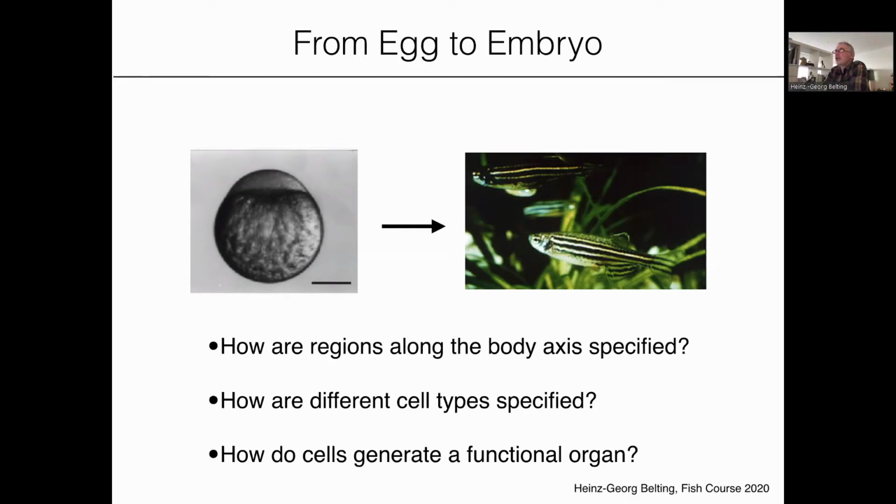So the question is, when you get from the egg, a single cell embryo, to a fully formed organism, how are the body axes specified? How do you make different cell types in the different organs? And how do you actually make an organ? How do the cells manage to associate, find each other, and actually build structures out of themselves?